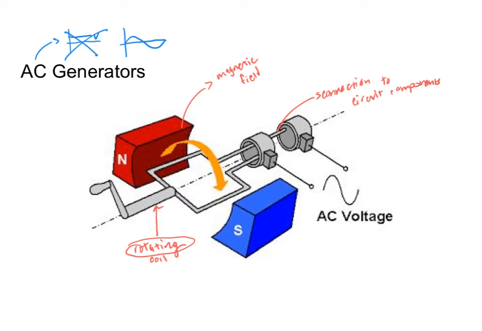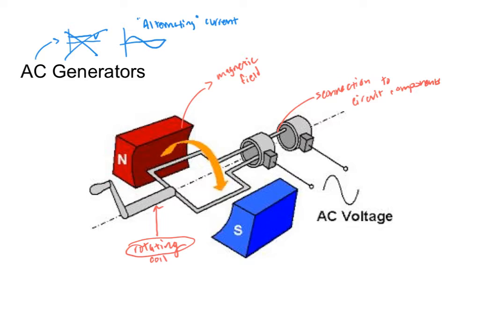And of course, the less coil perpendicular to the magnetic field, the smaller the EMF. And when that coil is parallel to our magnetic field, as it actually is in this picture, we're not going to have any EMF at all. But since it's continuously rotating, it's going to continue to have changing EMF, hence alternating current.